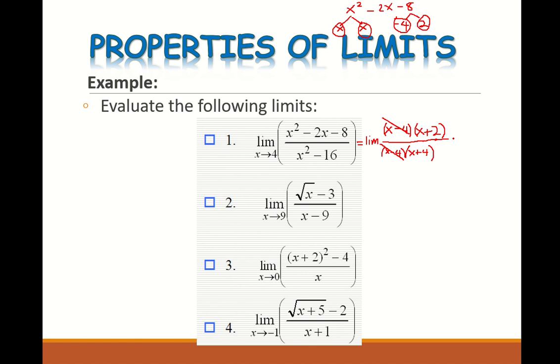Okay, so what is left? By the way, this is as x approaches 4. Don't forget to write it in your solution. I want to see it as x approaches 4. You are not yet finished here, so you have to write the limit again. So what is left in the numerator? We have x plus 2.